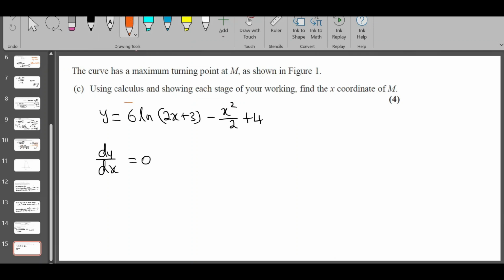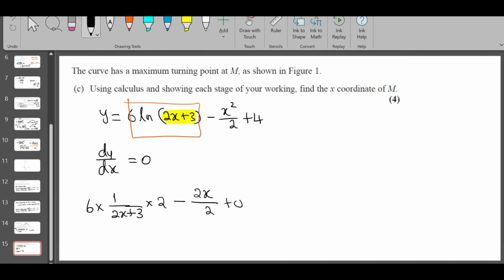So when you differentiate this, you need to apply chain rule by taking this whole thing as x. So 6 times derivative of ln x is 1 over x. Don't put x, it's 2x plus 3, times, because we are applying chain rule, you need to differentiate 2x plus 3, so you will get 2, minus derivative of x square over 2, and 4 becomes 0, right?